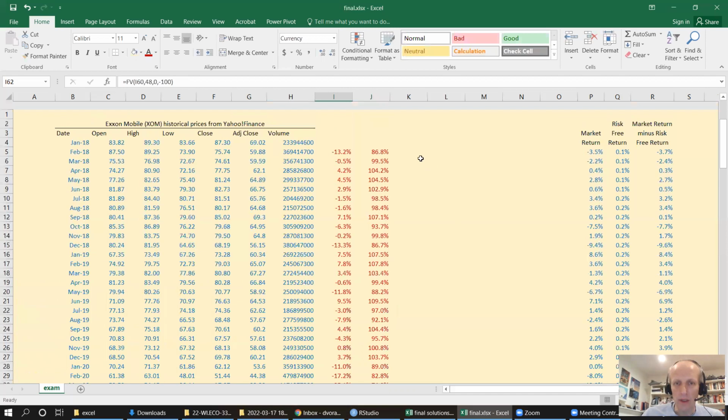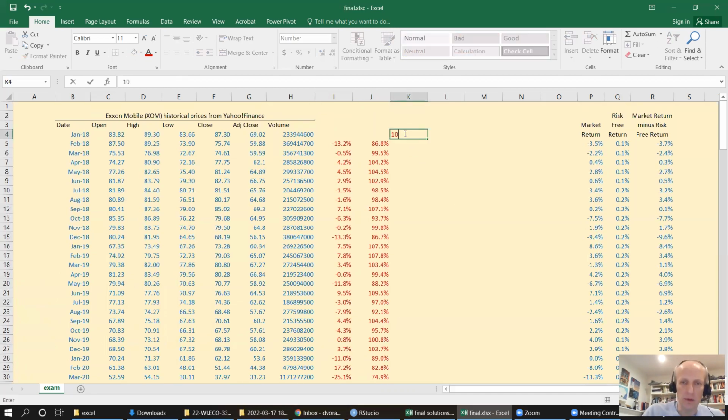We could do it another way. We could start with $100 here and then ask, well, if I start with $100 at the end of January, how much money will I have at the end of February? It would be $100 times 1 plus the return in February.